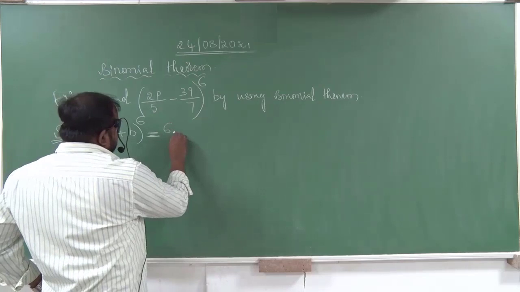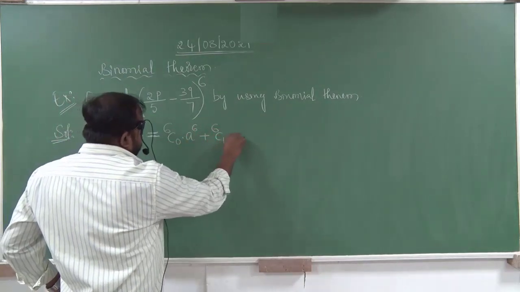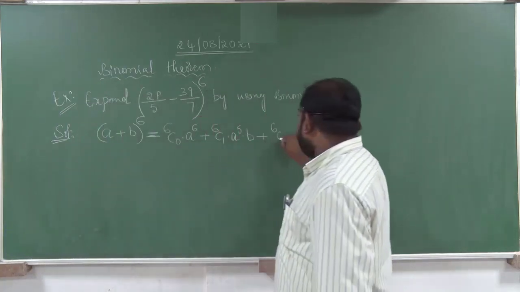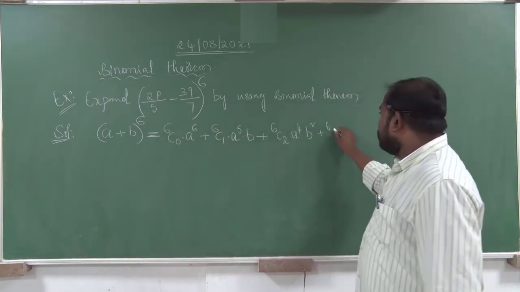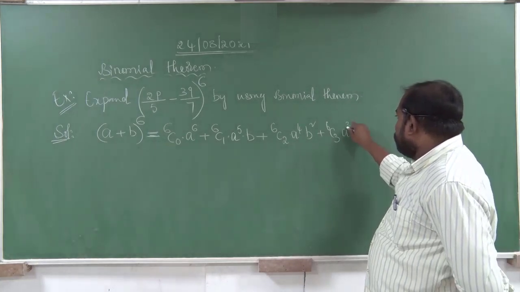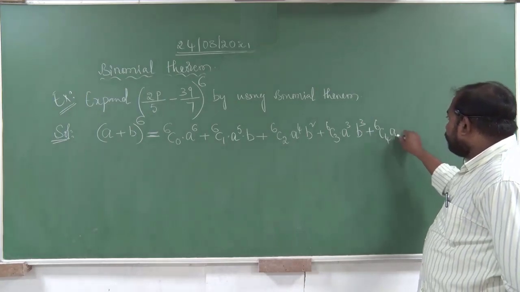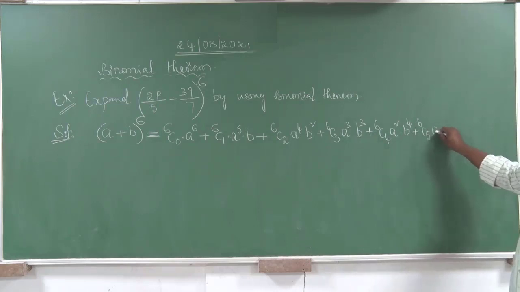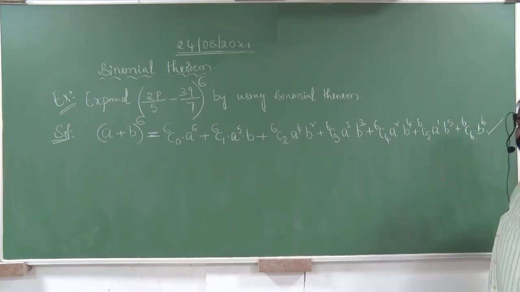Tell me. 6c0 a power 6 plus 6c1 a power 5 b plus 6c2 a power 4 b square plus 6c3 a cube b cube plus 6c4 a square b power 4 plus 6c5 a power 1 b power 5 plus 6c6 b power 6. This is the expansion we already gave.